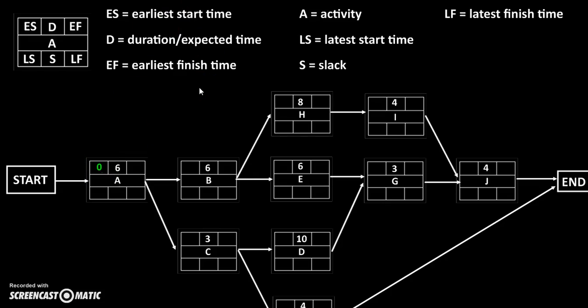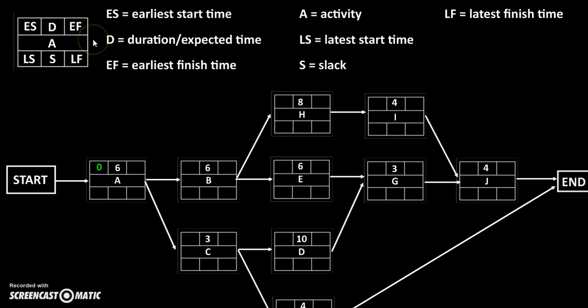Any other value doesn't make sense: day 1 doesn't make sense because you can always start earlier, since nothing prevents it from starting earlier. But you can't start at a negative value, because negative values have no meaning in terms of time. So for activity A, the earliest it can start is day 0, or whatever unit of time this is being measured in.